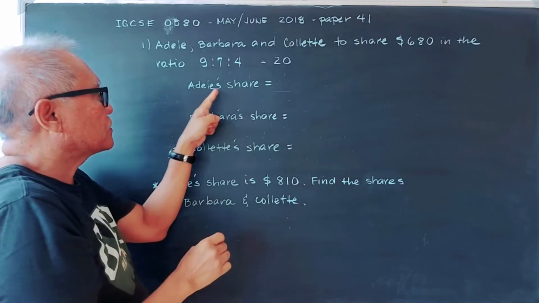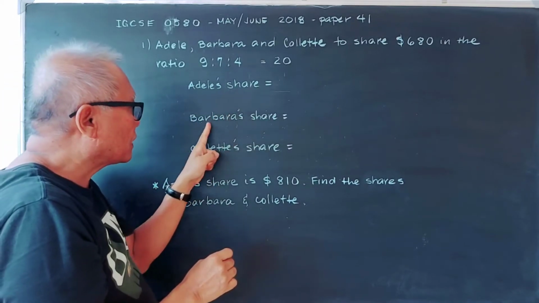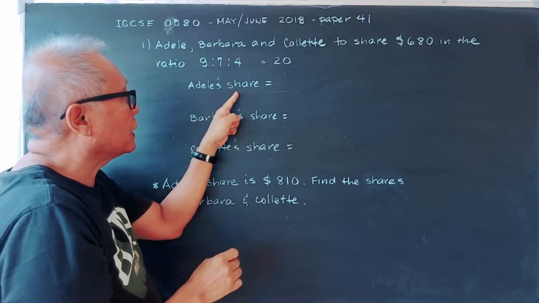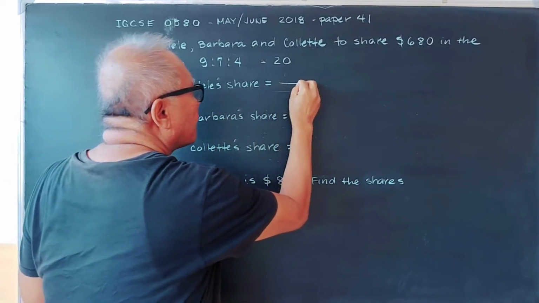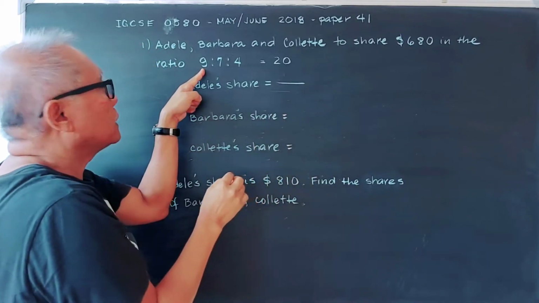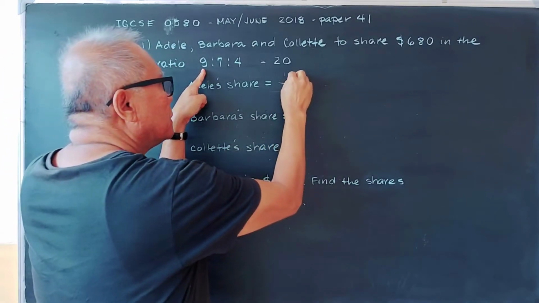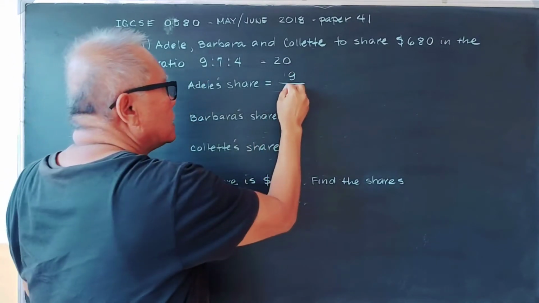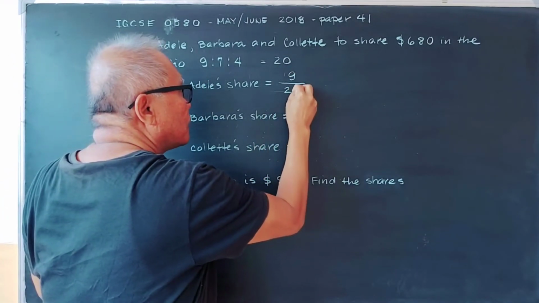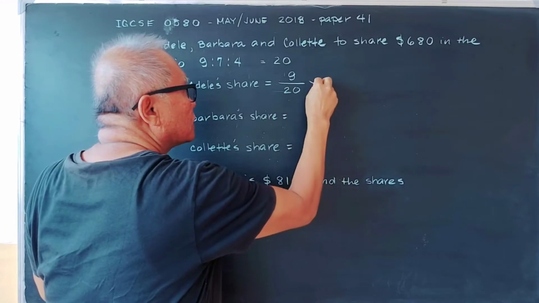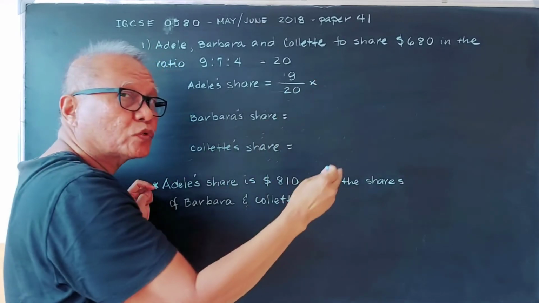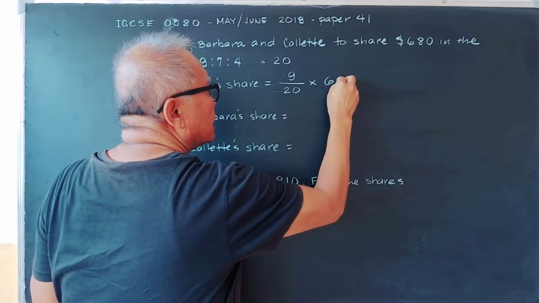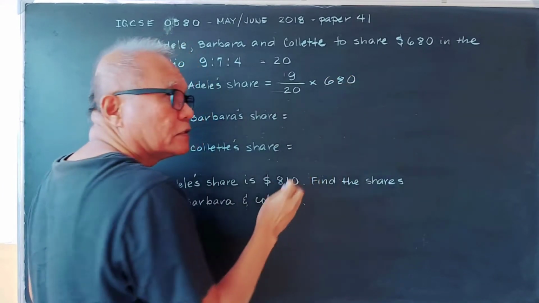So we have Adele's share, Barbara's share and Colette's share. For Adele's share, we take Adele's 9, divide it by 20, the sum of the ratio, and then multiply it by the total amount, $680.